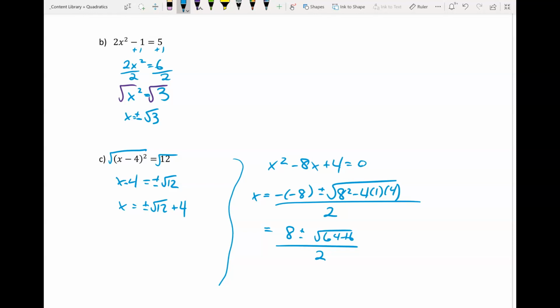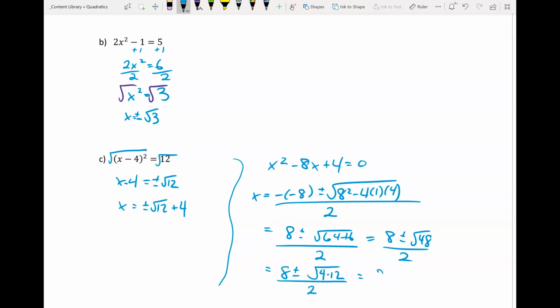So you have 64 minus 16 on the inside, which is the root of 48. Then I can break this down even further. The square root of 48 is the same as the square root of 4 times 12.